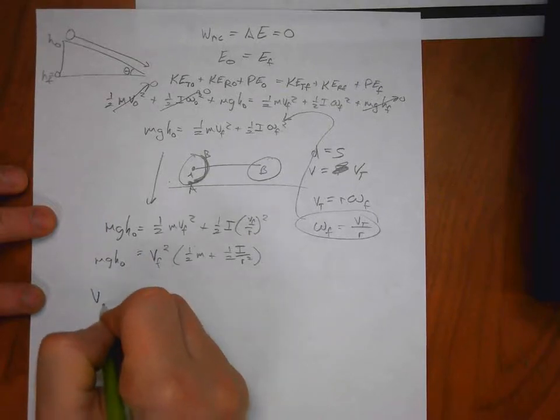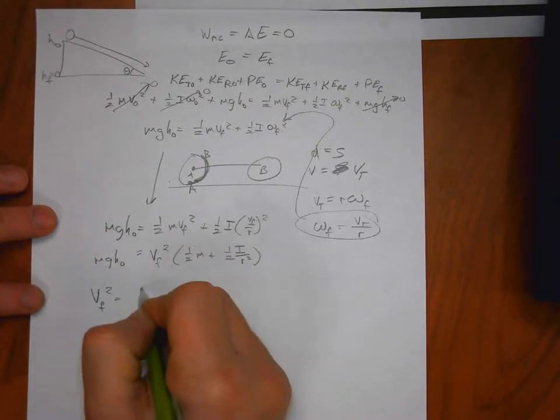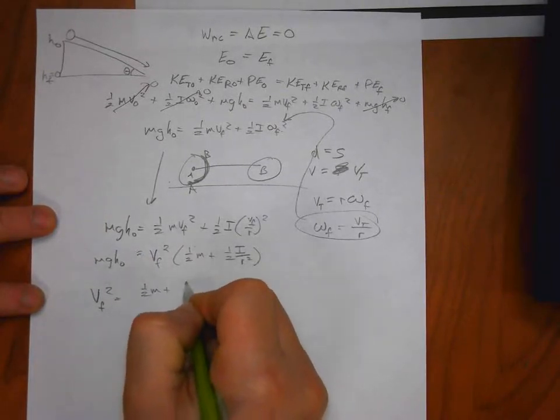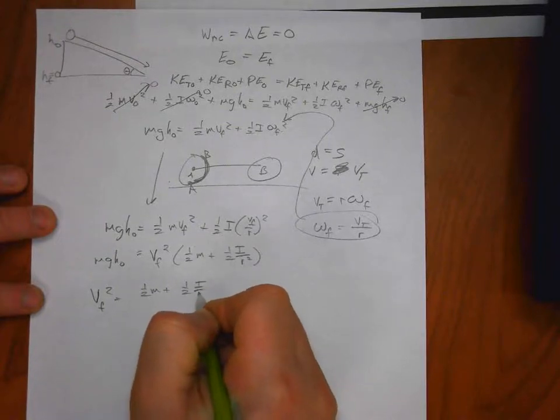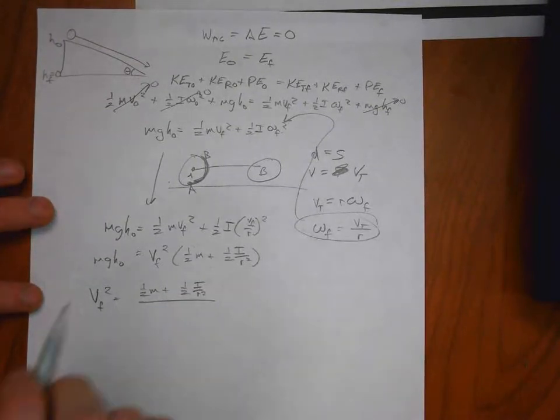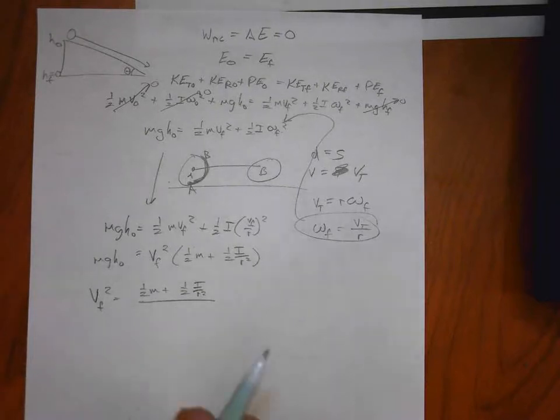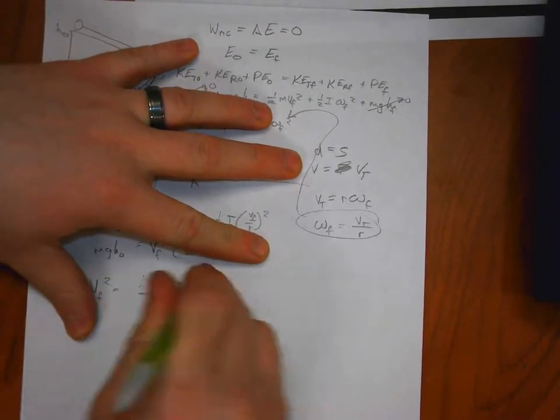So now then, Vf squared is equal to... whoops, no, excuse me, that's the denominator.